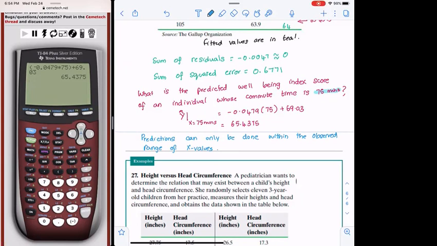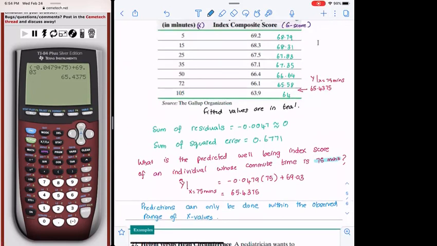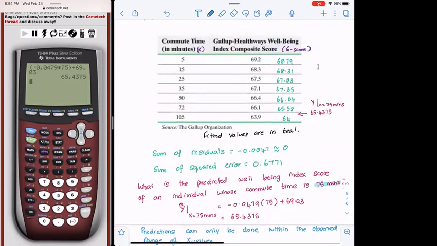In other words, you cannot pick an X value bigger than 105 minutes or below 5 minutes. If someone says, well, my work is right next door and it just takes me a minute to go to work, what would my well-being index be? Well, you cannot use this particular model, because this model is good for X values between 5 and 105, because that's what we observed.